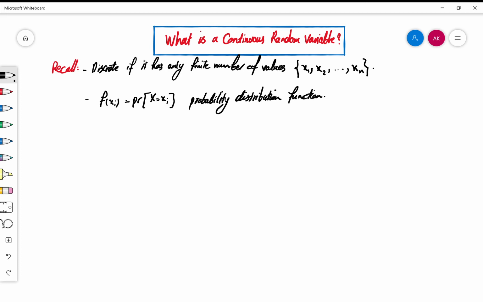But now we have to consider more general random variables, the random variables which definitely have more than finitely many values, and we are looking for very specific random variables. We call them continuous random variables.